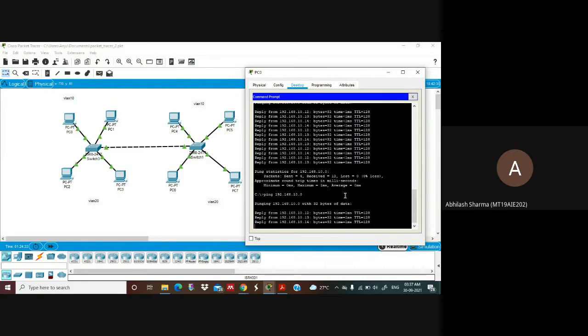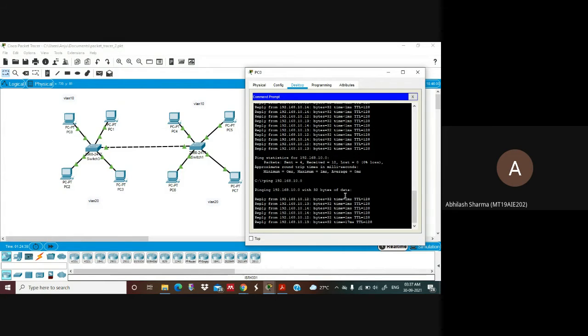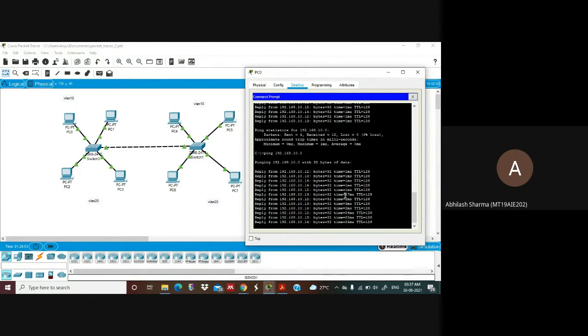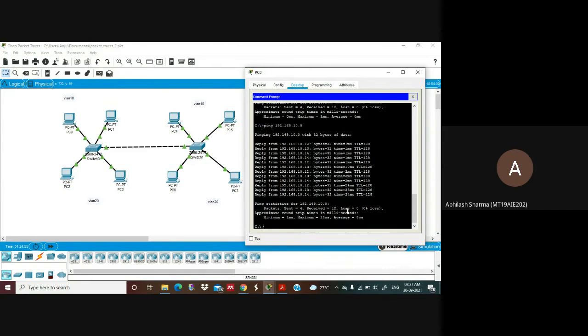This is a broadcast, and all the PCs get it. The IP addresses are: PC 0 is 11, then PC 1 is 12, PC 4 is 13, PC 5 is 14. We can see there is a reply coming back from all these machines.